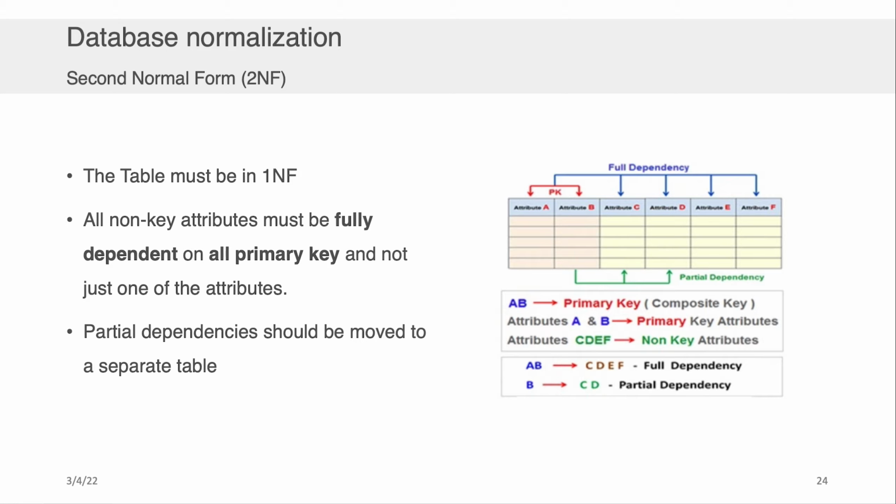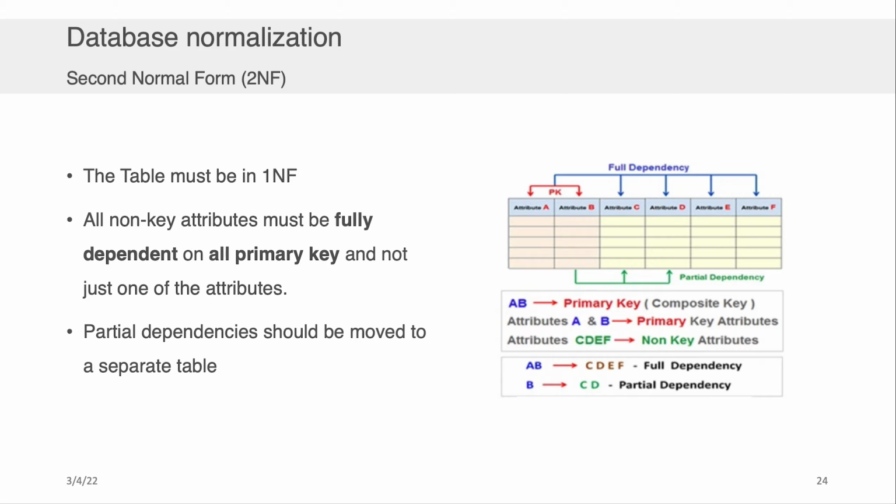Second normal form when you're creating your database is, first of all, you have to satisfy everything from that first normal form that we covered on the previous slide. But then furthermore, all your non-key attributes, so things that are not your primary and your foreign keys, must be fully dependent on all your primary key and not just one of the attributes of the primary key.